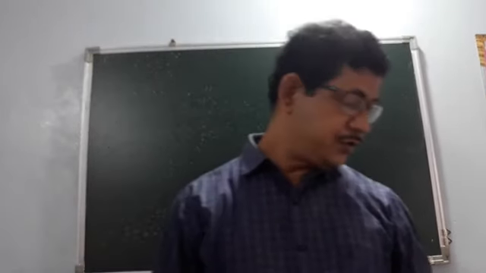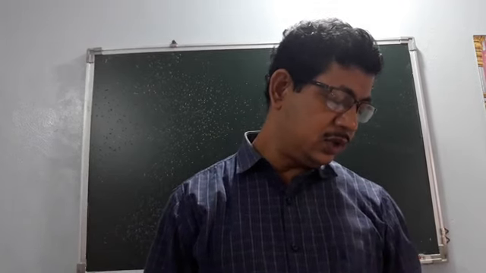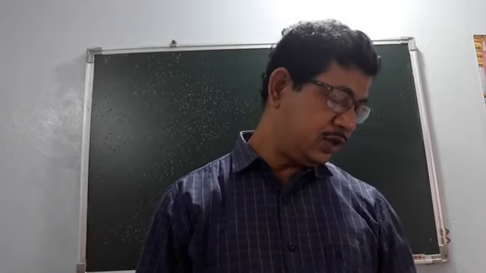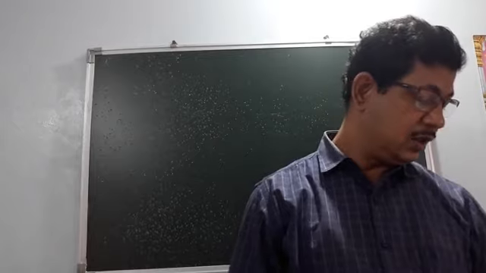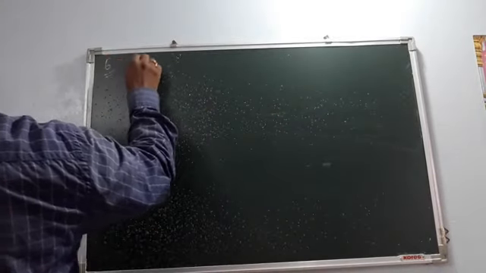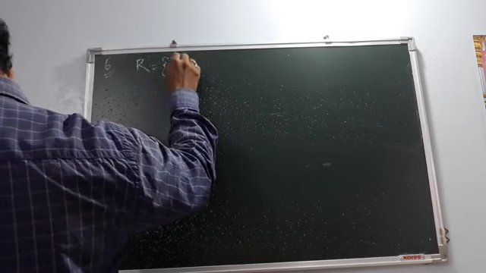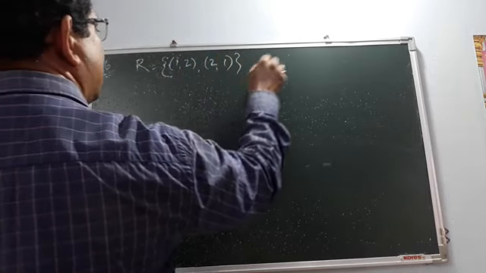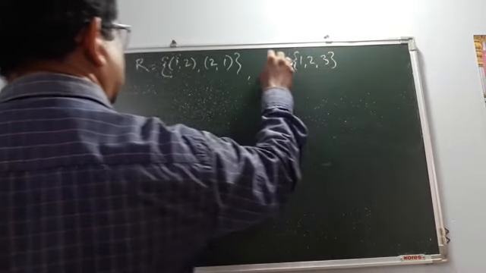In the NCERT book, question number 6 says: show that the relation R in the set {1, 2, 3} given by R = {(1, 2), (2, 1)} is symmetric but neither reflexive nor transitive. So what did the question say? They have given one relation, (1, 2) and (2, 1), and the set is {1, 2, 3}.